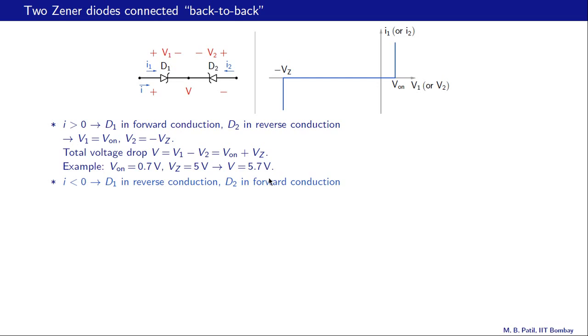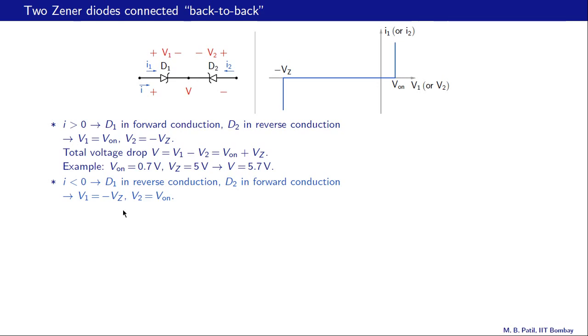And the other situation is completely analogous. Let's now consider I less than 0, and in that case the current goes in that direction. D2 is now under forward bias and D1 is under reverse breakdown. And V2, this voltage, is therefore V on, and V1 is minus Vz.